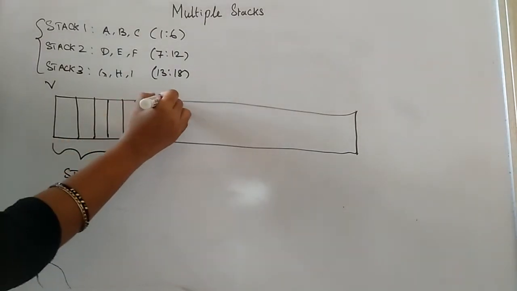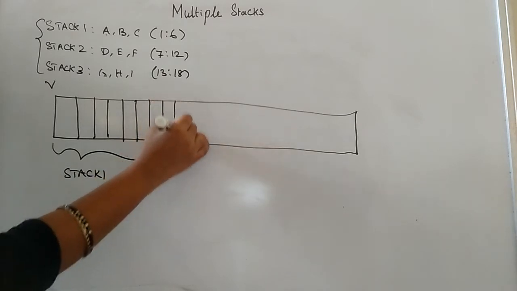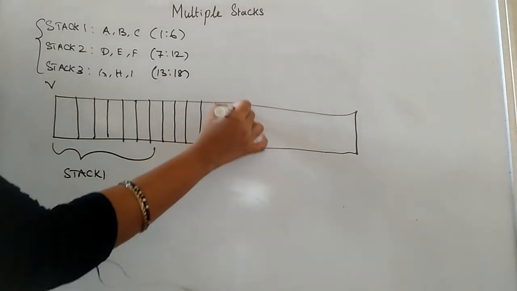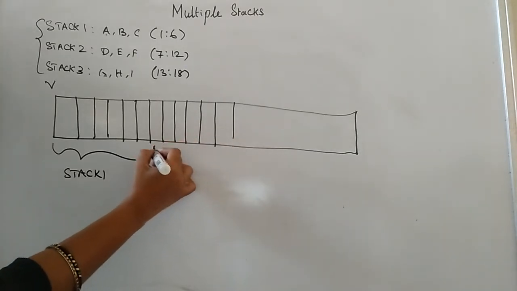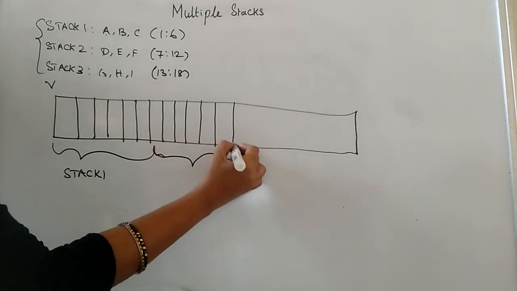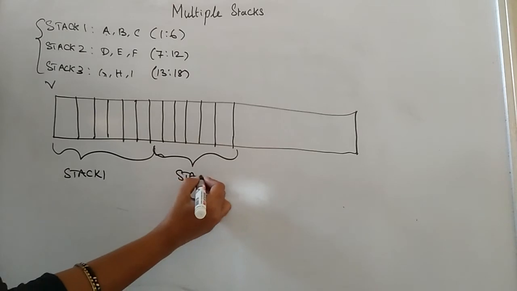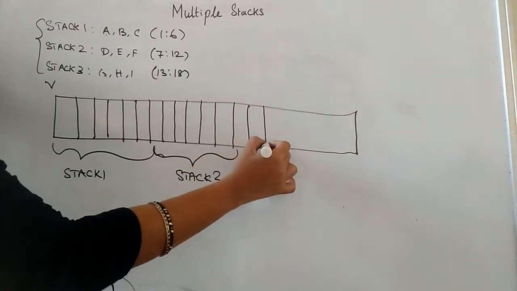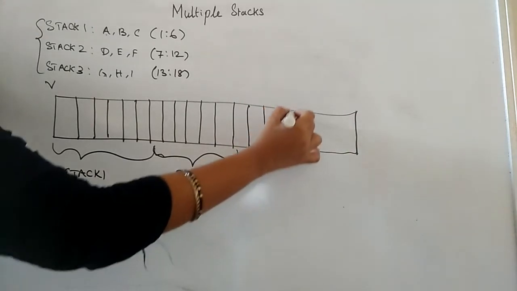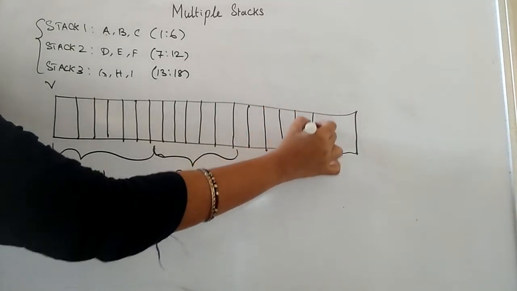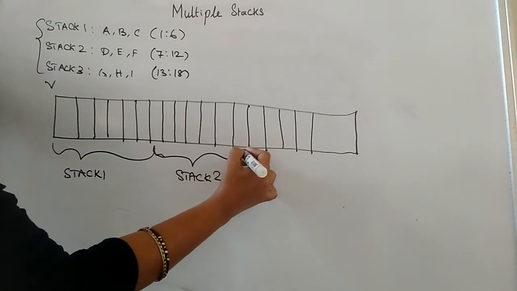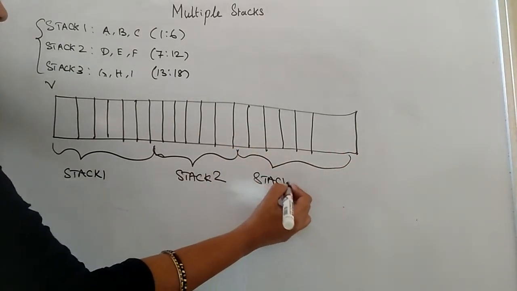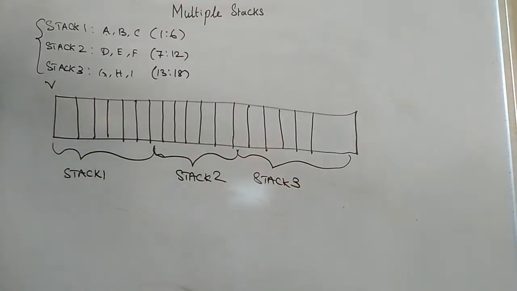And next, 1, 2, 3, 4, 5, 6. Yes, these 6 cells will be assigned for stack 2. 1, 2, 3, 4, 5, 6. Right. So these 6 cells are assigned for stack 3.